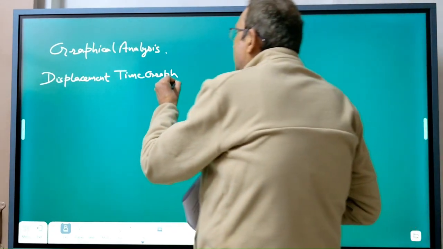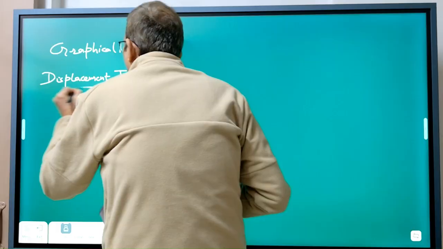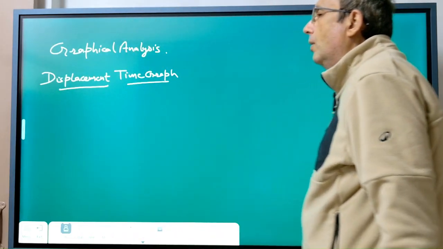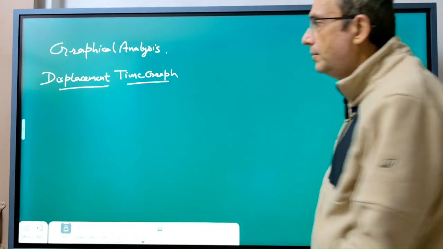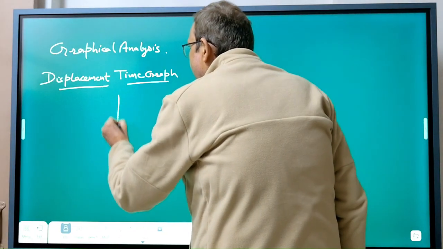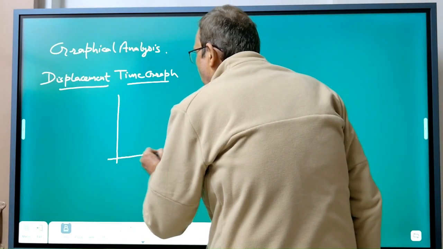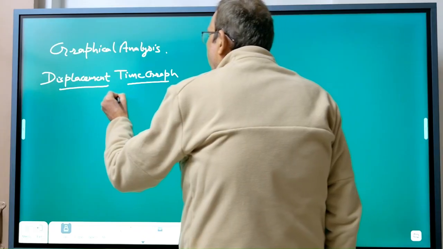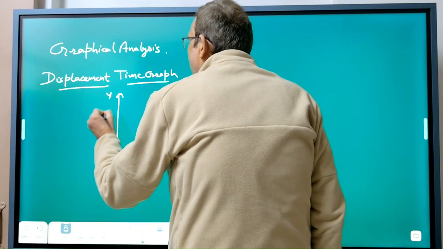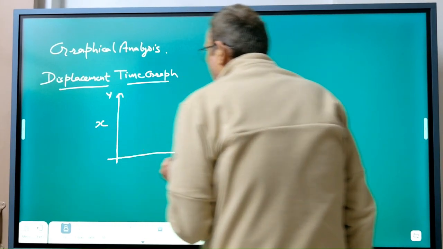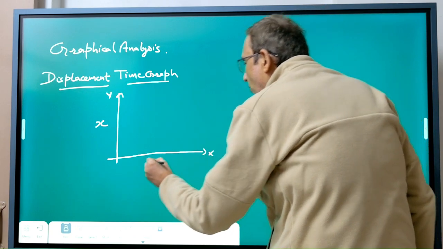In this, on the y-axis you plot the position or the displacement. On the y-axis you have the displacement x, and on the x-axis you plot time.